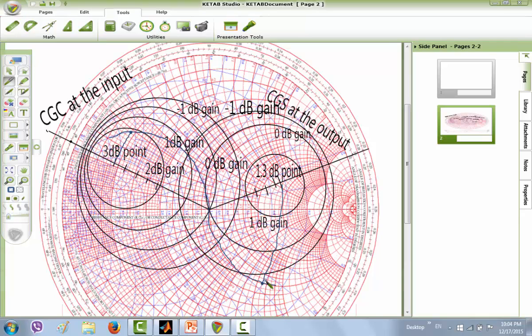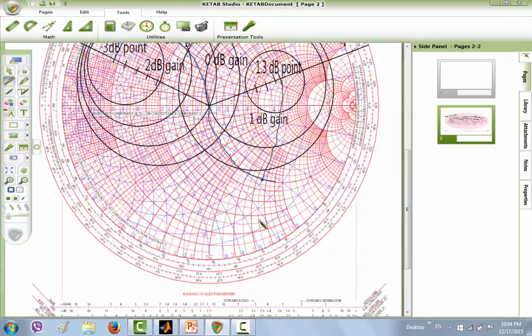So Zi equals 1 minus j1.5, and the admittance value is 0.33 plus j0.48, and of course the origin values Z0 equals 1 and Y0 equals 1.